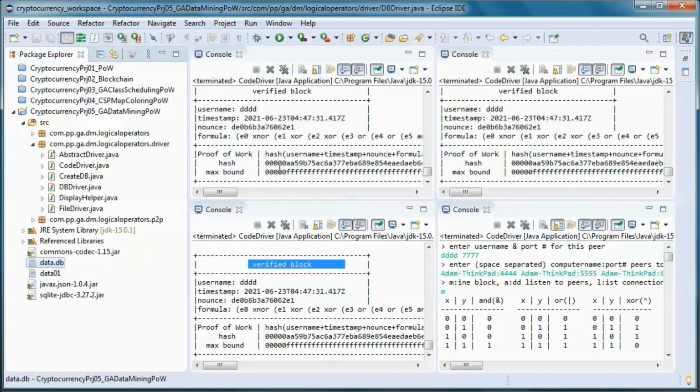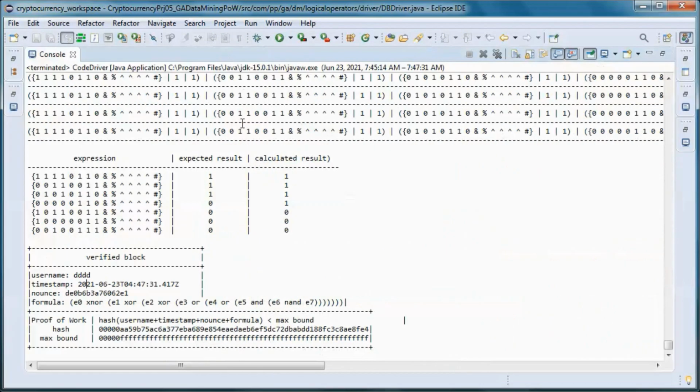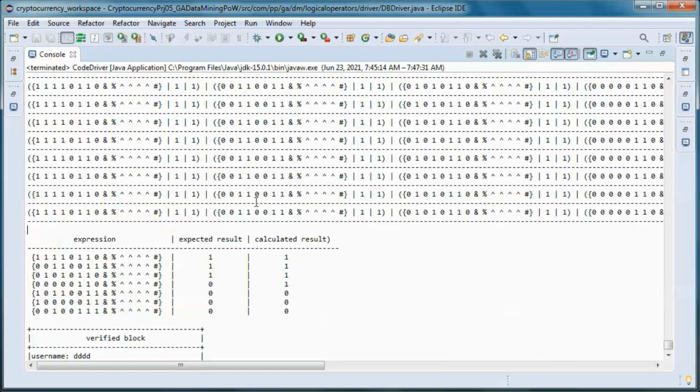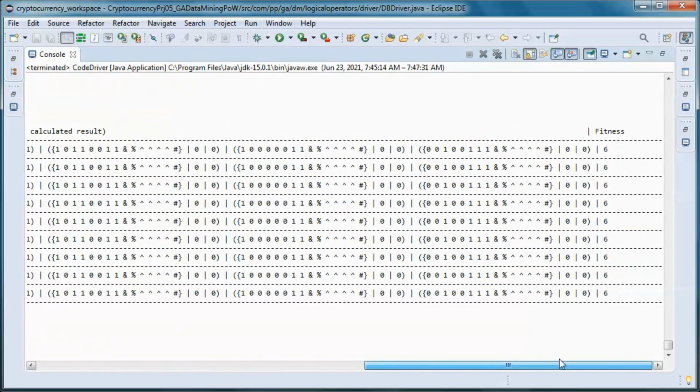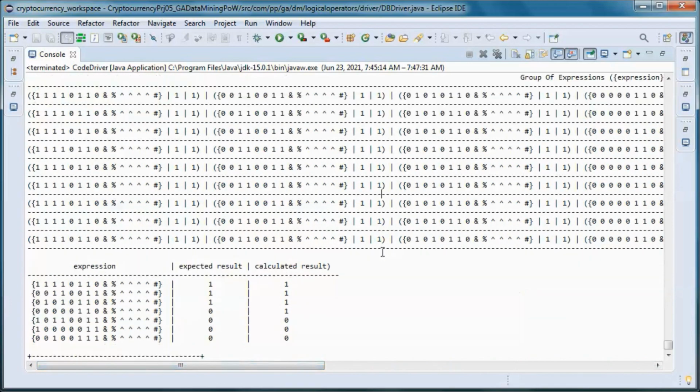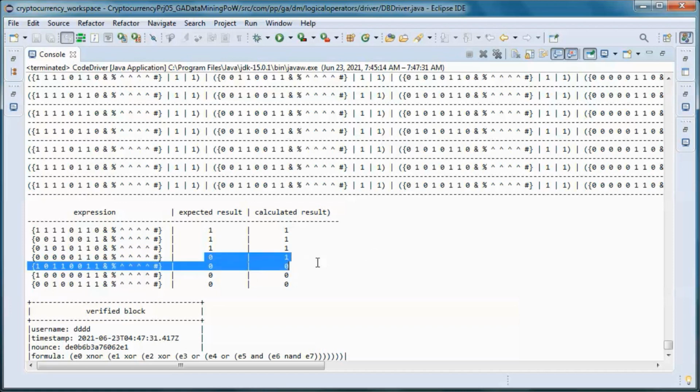And the other peers didn't get to do any hashing since they were trying to find a formula, and they did not succeed. The best fitness here is 6, so we have those two are different between the calculated result and the expected result.